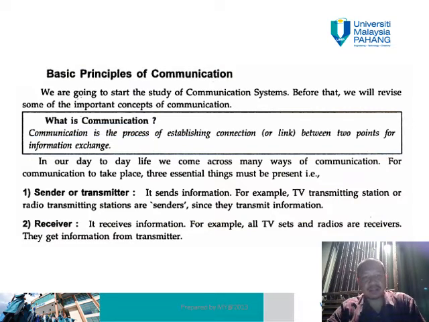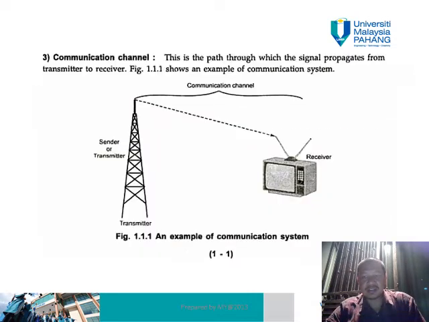So what is number 3? Anyone? Number 3 is the channel, also known as the medium, the communication medium. The channel is the path through which the signal propagates from the transmitter to the receiver. So we have the transmitter and we have the receiver, and the channel or the transmission medium is between these, the path that the signal propagates.